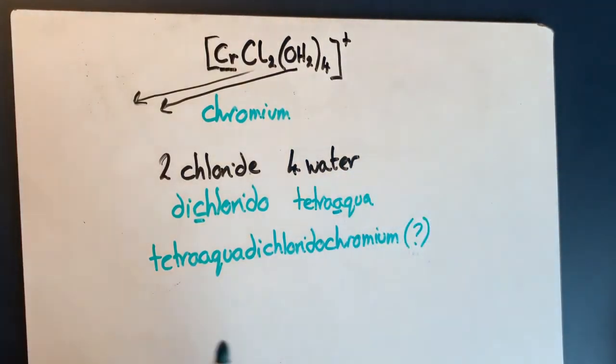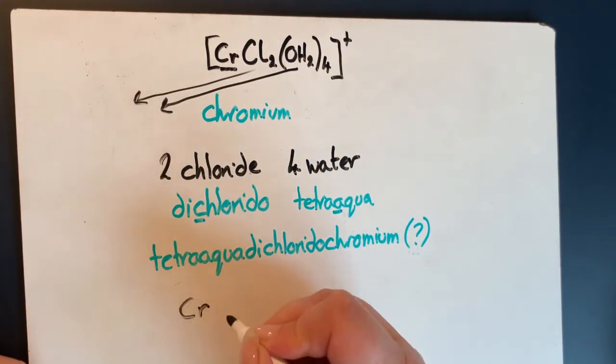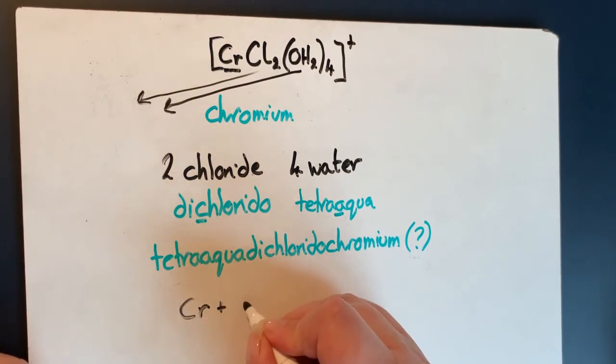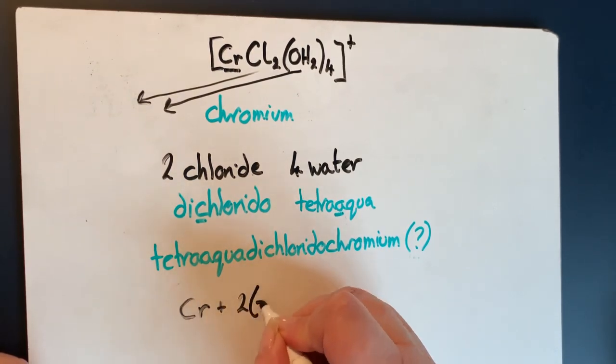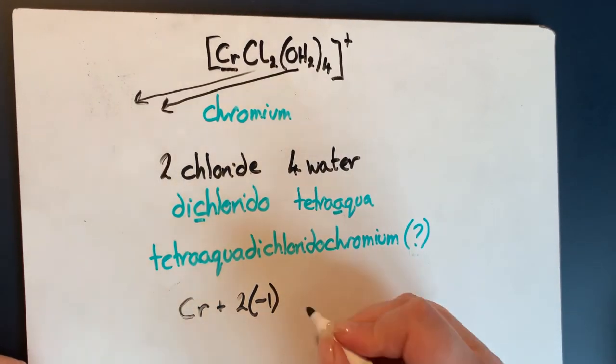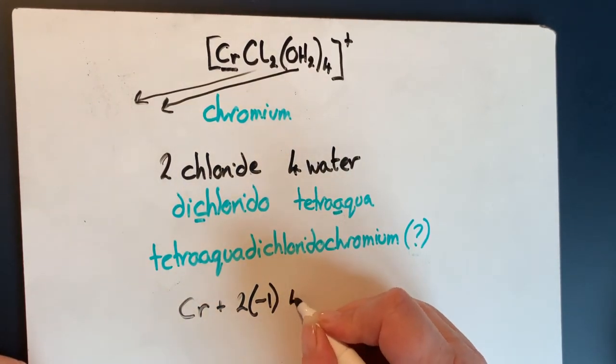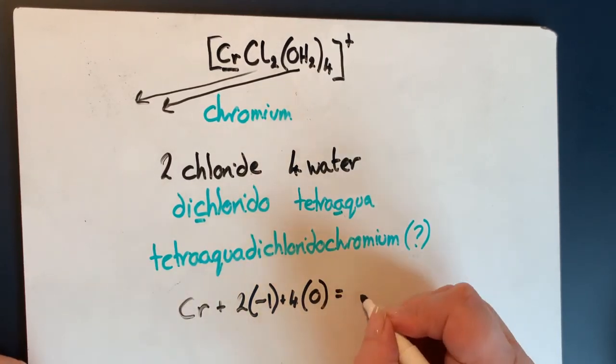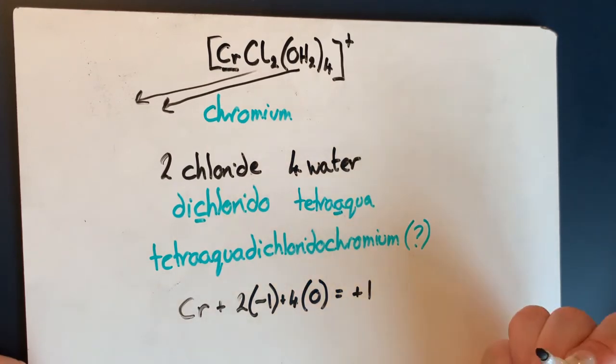So having a look back at that formula again, we've got our chromium, we've got 2 chlorides, we've got 4 waters, but water has no charge, and the whole thing equals +1.